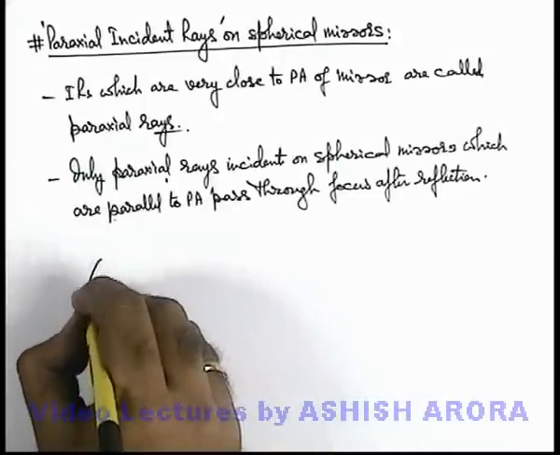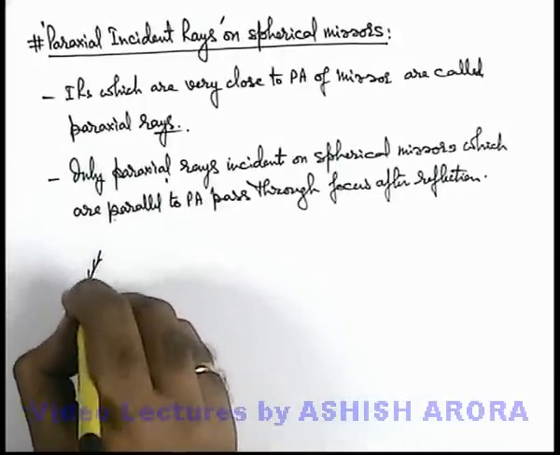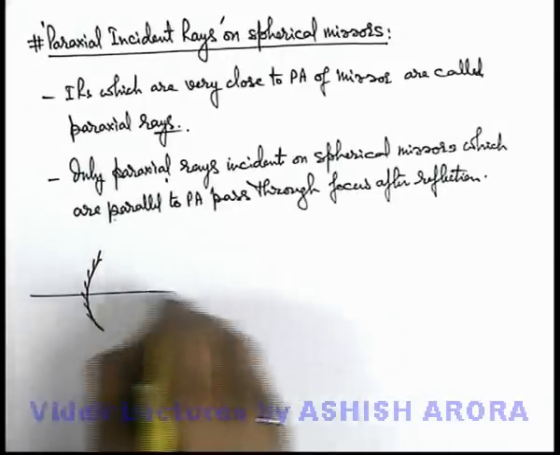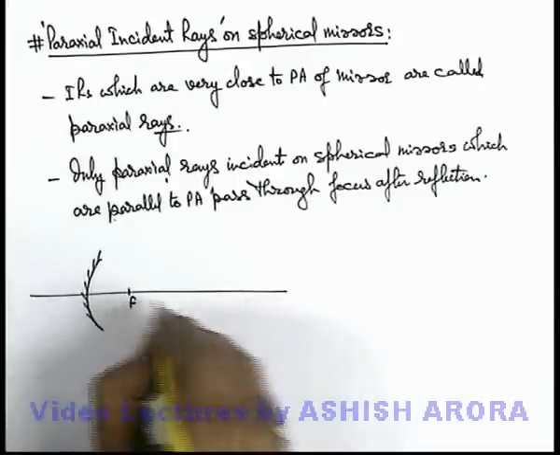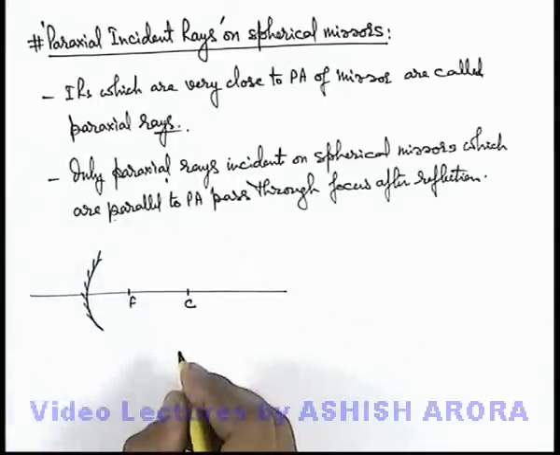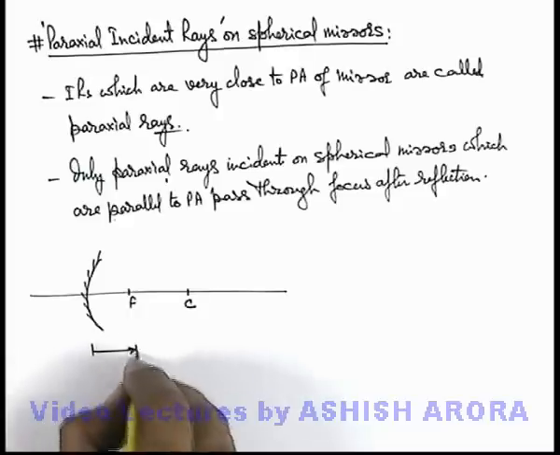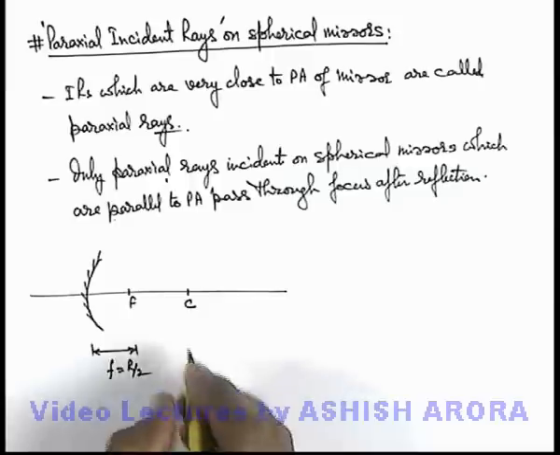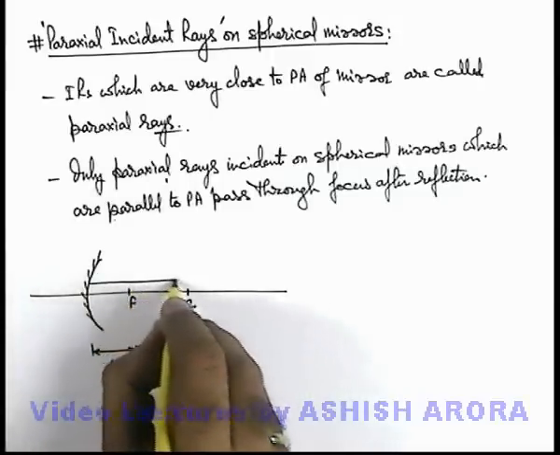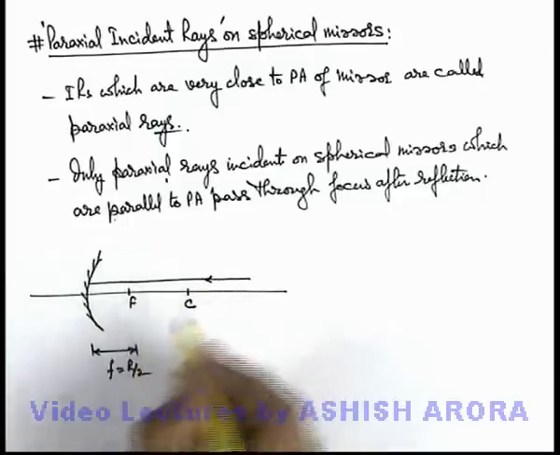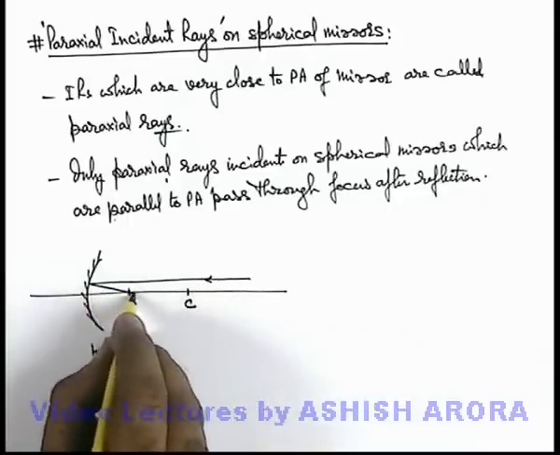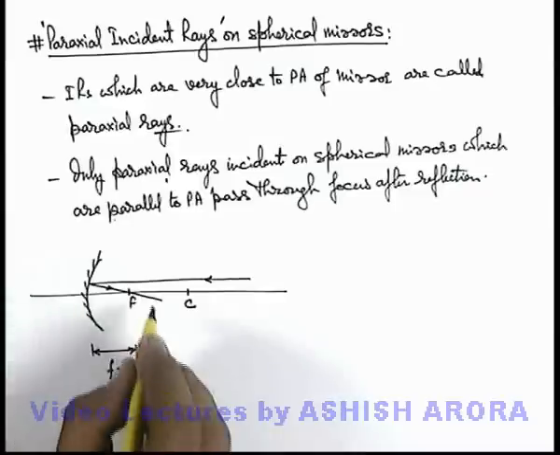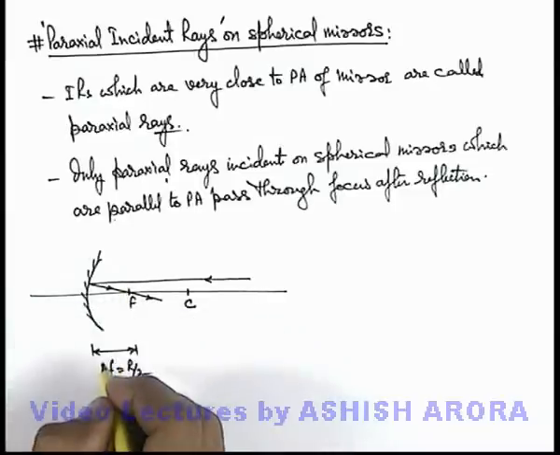Like if we talk about a concave mirror, if this is the focus point and this is the center of curvature, and we have studied that focus point is located at a distance f which is equal to r by 2. If a light ray which is very close to the principal axis and parallel to it is reflected, we can say that the light becomes converging and will pass through focus.